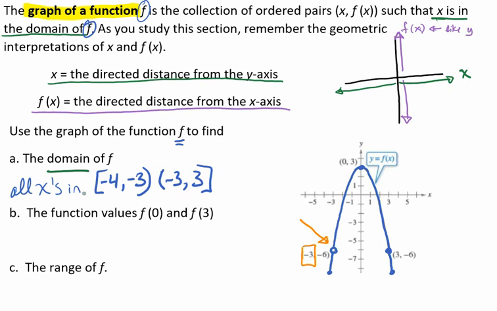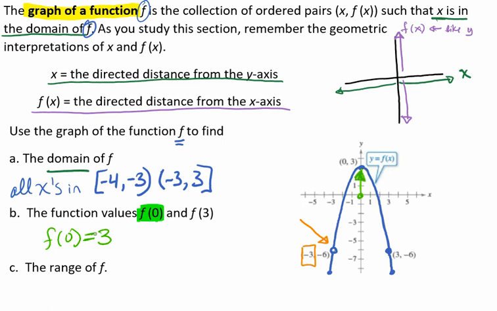So next, we're going to take our graph, and we want to know what is f of 0. To find f of 0, we're going to go to where x equals 0 and go up to our spot on our graph. And here we see that f of 0 equals 3. Our output is a 3 there.